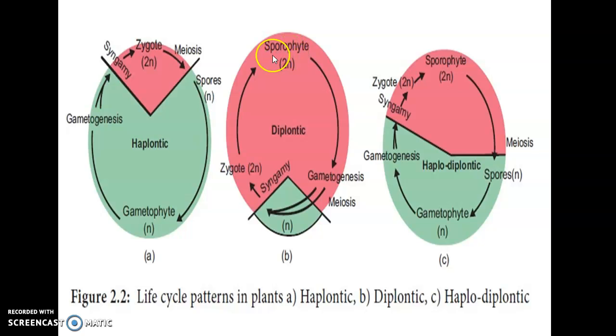In an angiosperm, 2N number of chromosomes are there. They undergo gametogenesis, that means synthesis of gametes. Which are the two gametes in angiosperms? Yes, the pollen grain and egg. They undergo meiosis and produce pollen grain, male gamete, and egg, female gamete, and they undergo syngamy. What is syngamy, students?